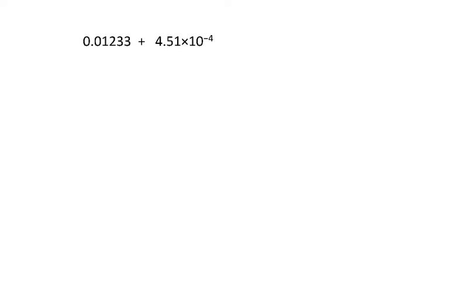So what you want to do is either put everything in the same power of 10 or put everything in conventional notation. And I think that second way is the easiest thing to do here. So in conventional notation, this number is going to be 0.000451. And so now I can add them up and line up the decimal places like we've done before.